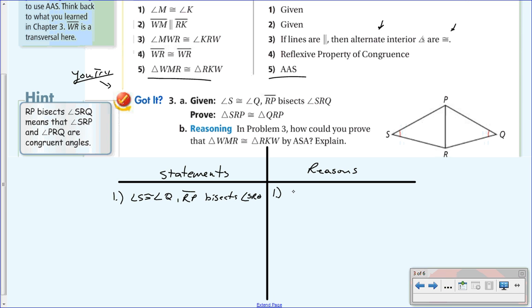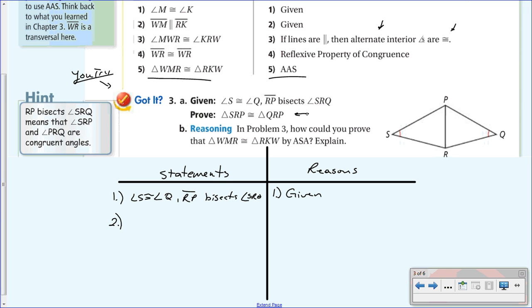And the reason is given because it is your given information. They gave us that information. Now we need to be able to prove these triangles congruent. So number two, how can we get to these triangles being congruent?